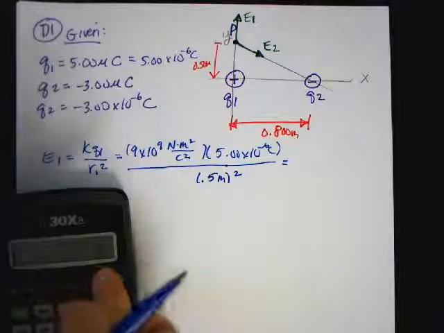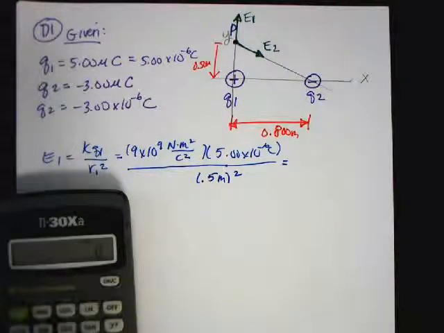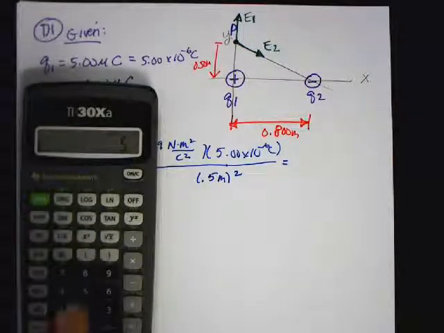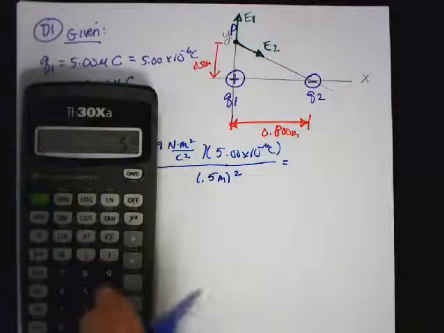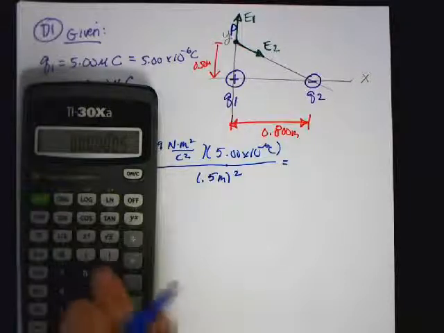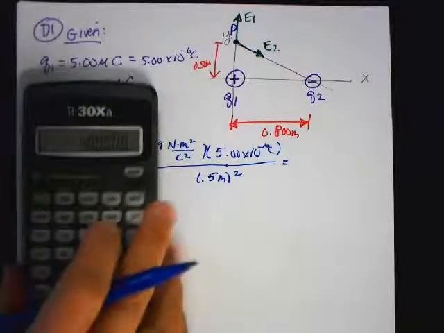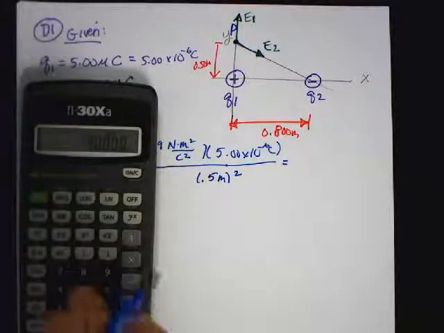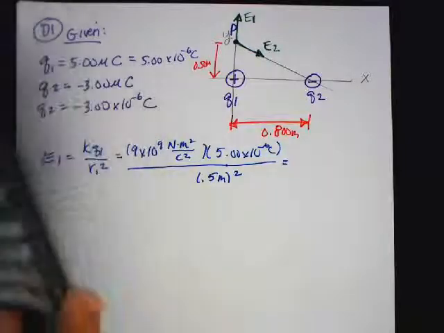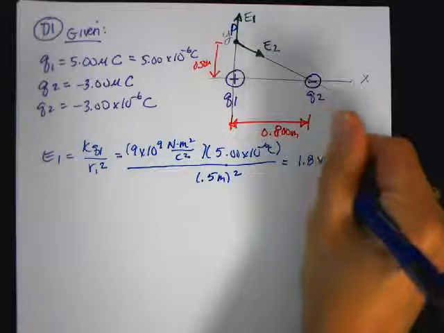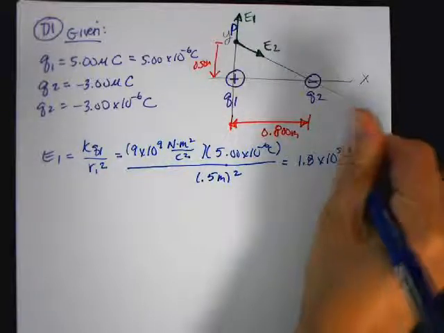So when I put that in my calculator, remember we have to know how to use our exponent buttons: 5 EE minus 6 times 9 EE 9 equals, divided by 0.5 squared equals. So when I do that, it comes out to be 1.8 times 10 to the 5th newtons per coulomb.